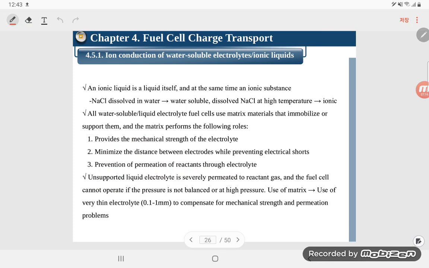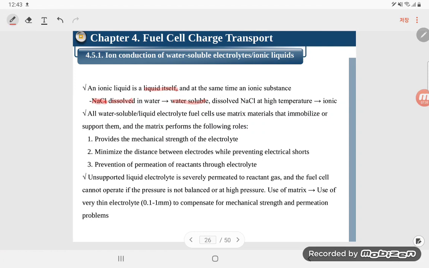An ionic liquid is a liquid itself and at the same time an ionic substance. Sodium chloride dissolved in water exists in the water in ion form. This is water soluble because this is a water-soluble material.